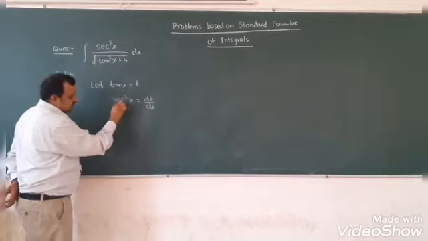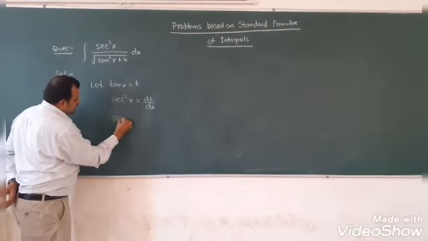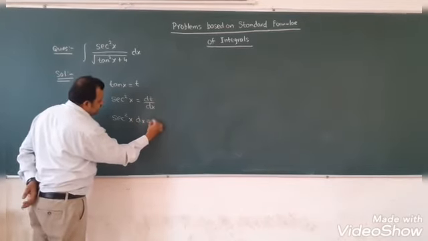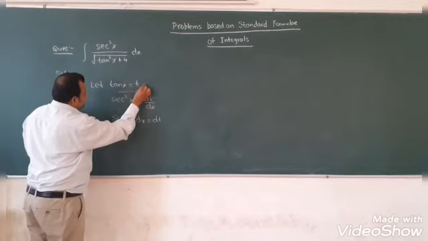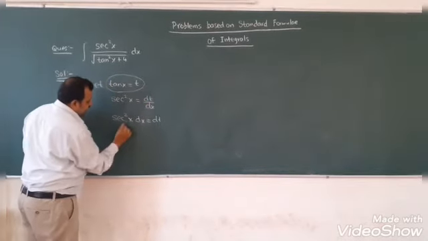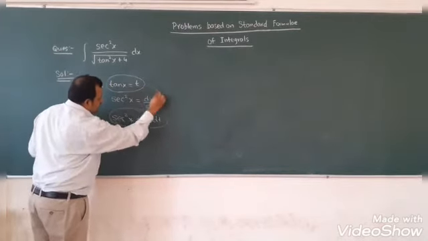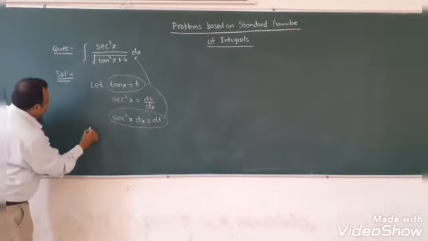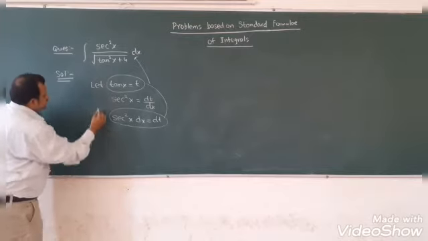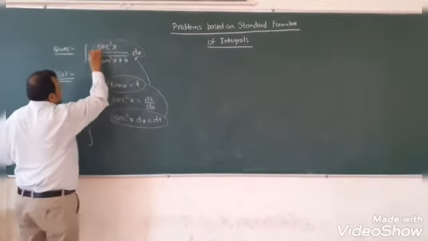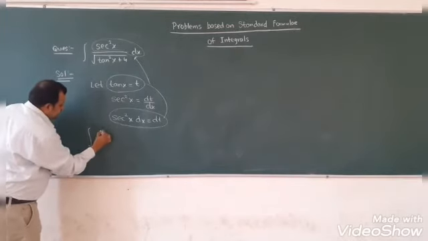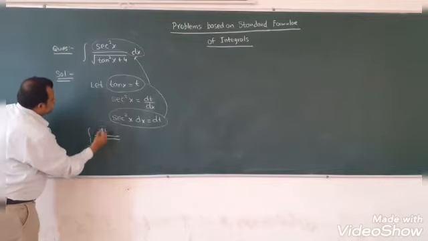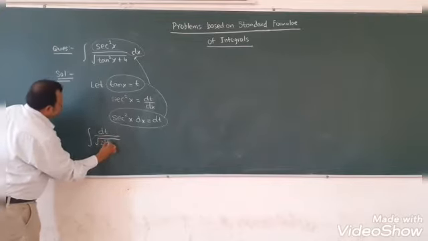Now dx I am shifting this side. So secant square x dx is equal to dt. Now put the value. So this I can say dt divided by square root of t square plus 4.